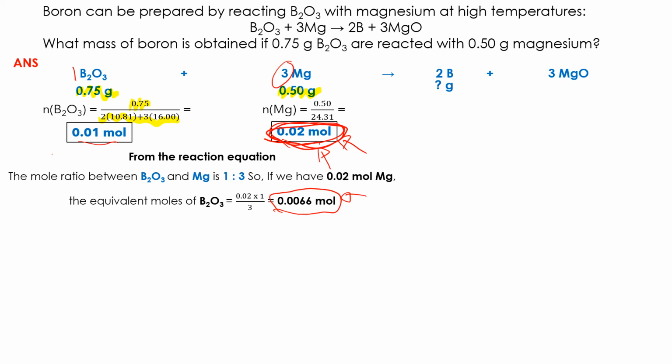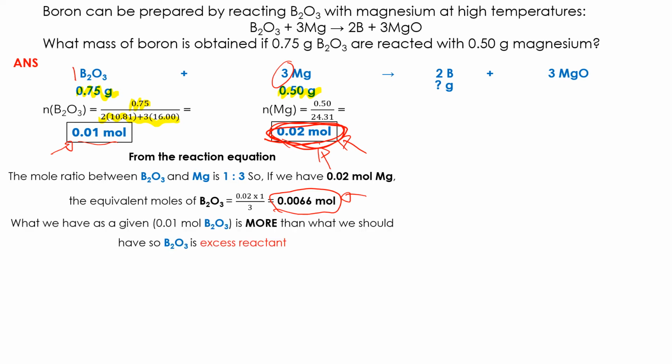But what we have in the problem is more than that. We have 0.01 mole, which means that B2O3 is more than what we should have. So B2O3 is the excess reactant.